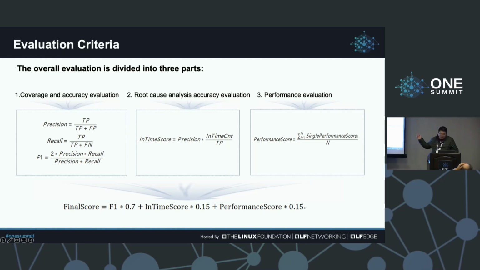The second part is the timeliness evaluation, accounting for 15% of the total score. And the last part is performance evaluation, accounting for 15% of the total score. The calculation formula of each part is given at the bottom here.